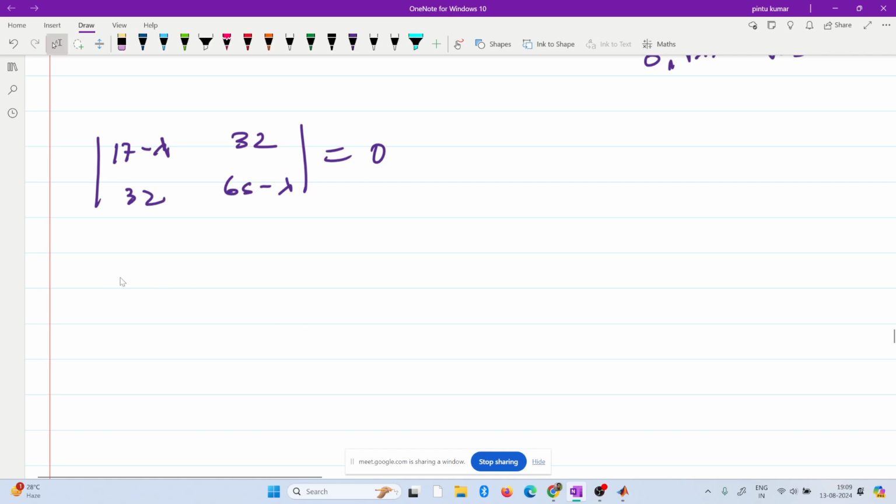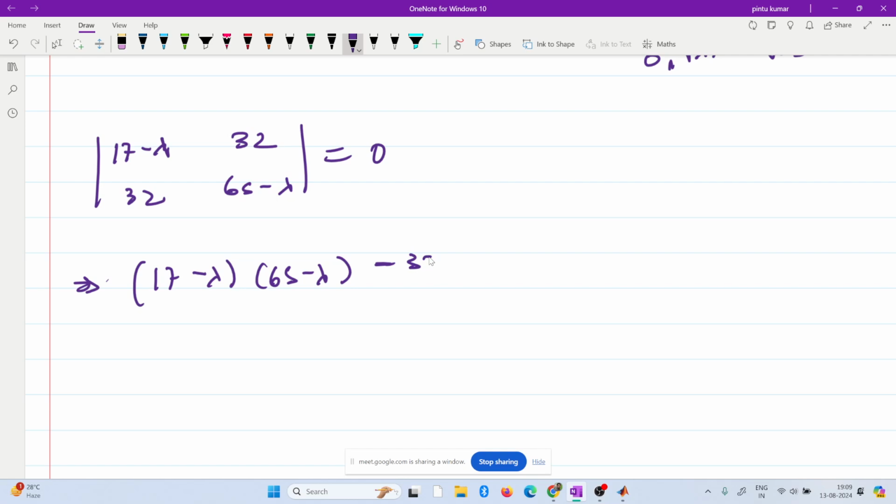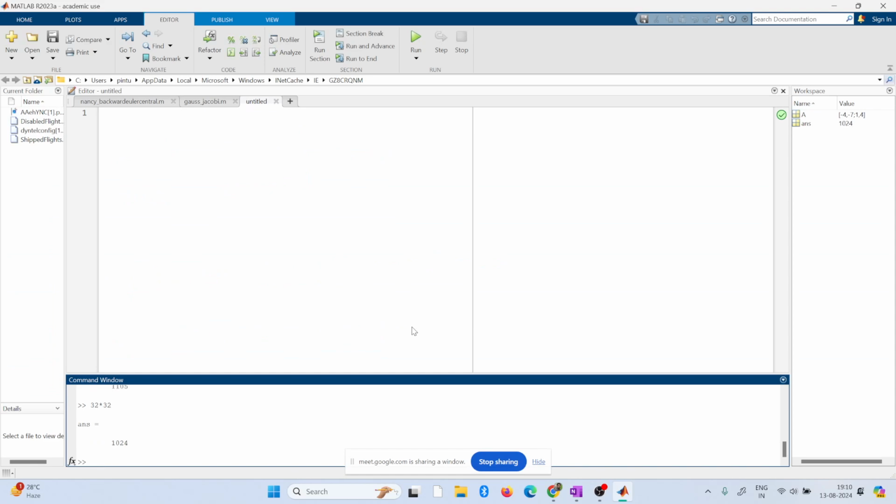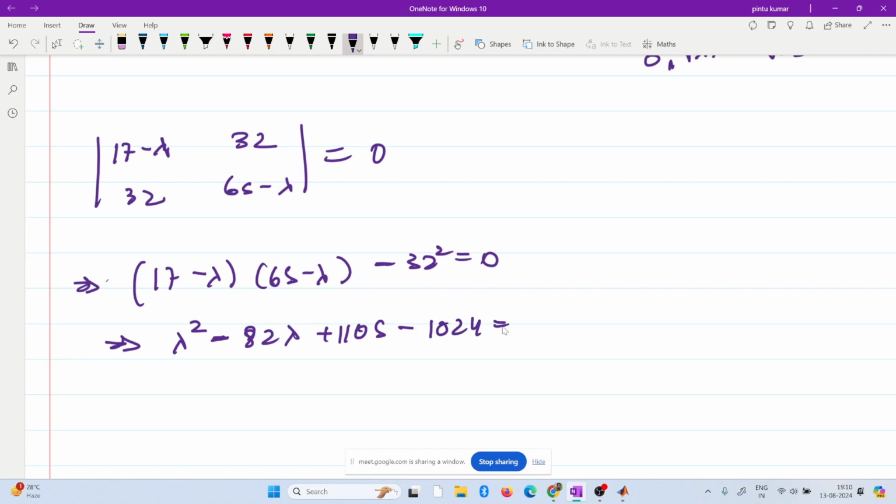This would mean that (17 minus lambda) times (65 minus lambda) minus 32 squared is 0. This implies lambda squared minus 82 lambda, and this is 17 into 65, which is 1105, minus 32 squared, which is 1024, is equal to 0.